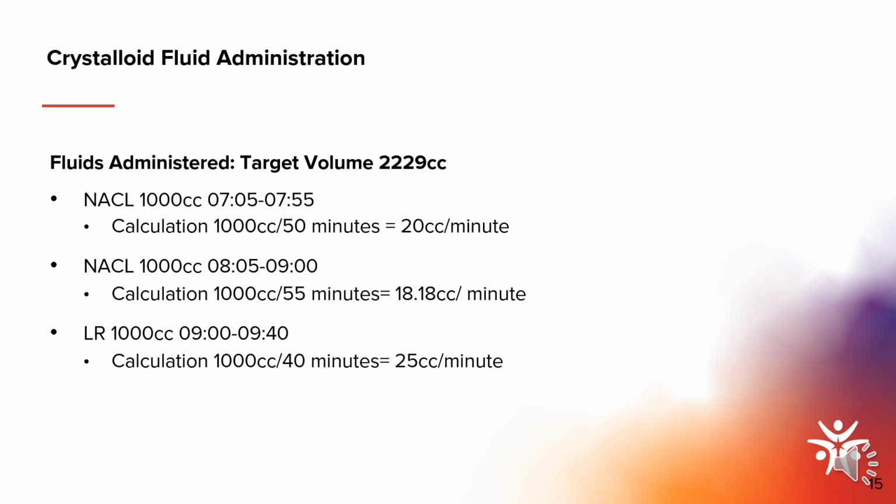So to determine the exact time that the required 2,229 cc's of fluids were complete, we need to know what the rate of cc's per minute was for that last bag. The fluids were run at 25 cc's per minute. As you can see, you take the total volume of 1,000 cc's and divide it by the 40 minutes that the fluids ran, and that will give you your 25 cc's per minute.